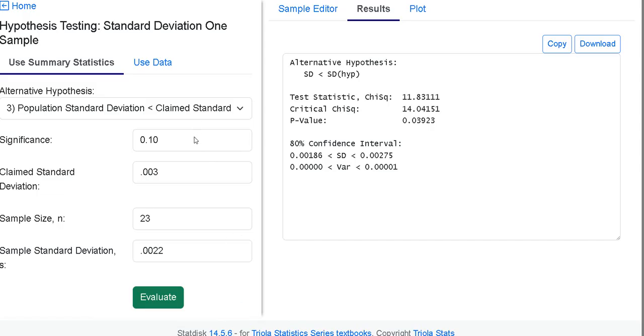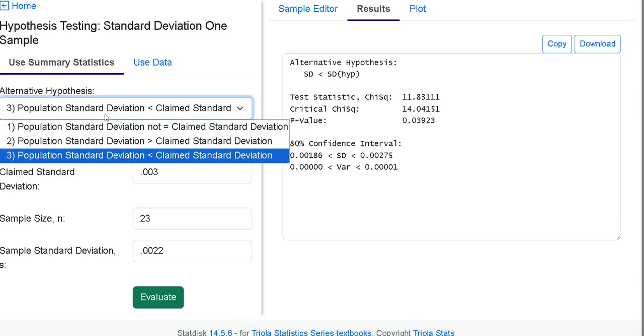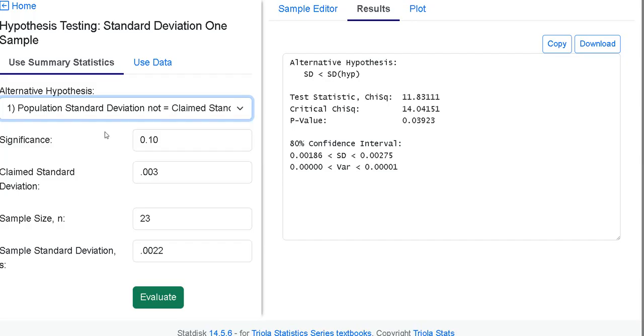Let's see. We're going to be doing summary statistics. You have to change your alternative hypothesis. Our significance level is okay. Our claimed standard deviation, what's going to go in there? Yeah, I like Cosmos. This many.